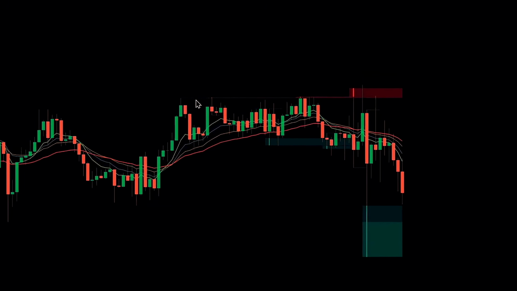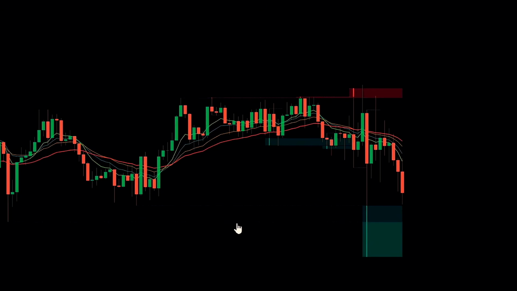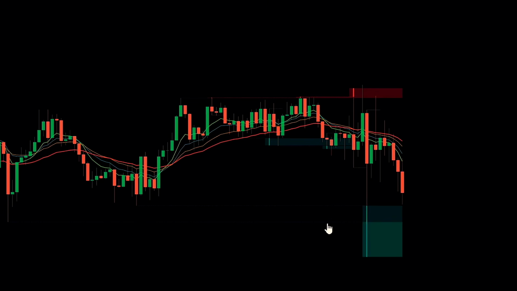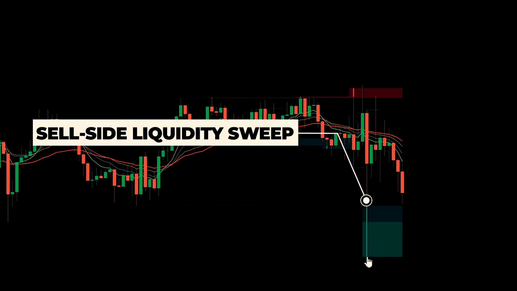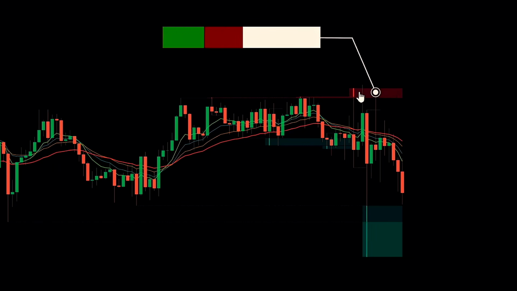Red lines signal buy-side liquidity, and teal or greenish-blue lines represent sell-side liquidity. When sell-side liquidity gets swept, meaning price takes it out, a teal color rectangle appears, confirming a sell-side liquidity sweep. Likewise, when buy-side liquidity is swept, a red rectangle is printed, marking a buy-side liquidity sweep.